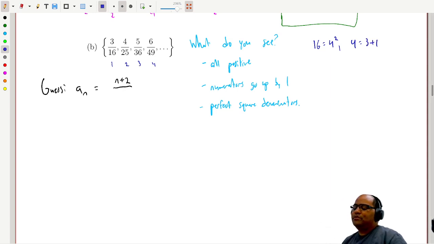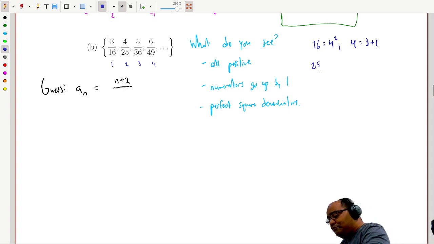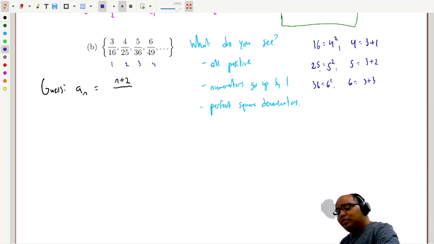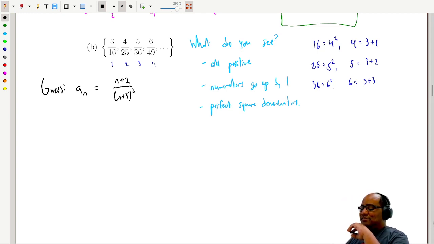So try to relate it to the index there. 25 is 5 squared, and 5 is 3 plus 2. 36 is 6 squared, and 6 is 3 plus 3. So what about in the denominator? We add 3 to the index number, and then we square that number. Okay, that's promising. Well, does that work?